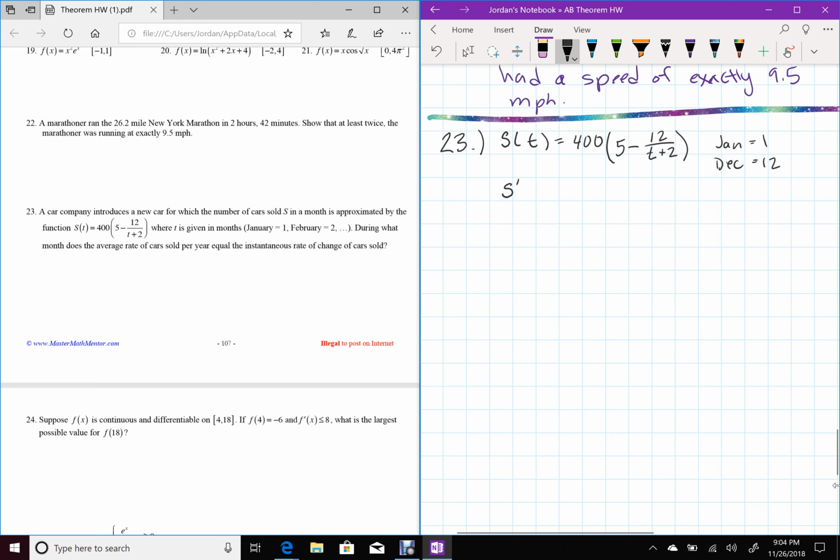We want to know when is s prime of t equal to s of 12 minus s of 1 over 12 minus 1. And let's start by finding out what S of 12 is. So we have 400 times 5 minus 12 over 14. We can put that in our calculator to get a number.